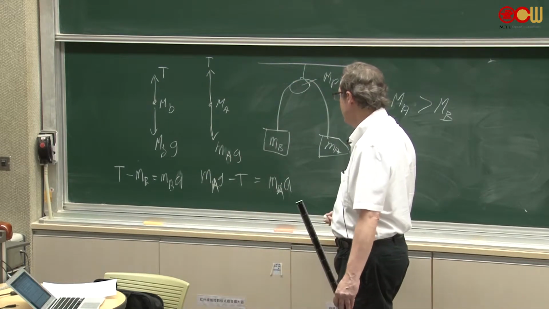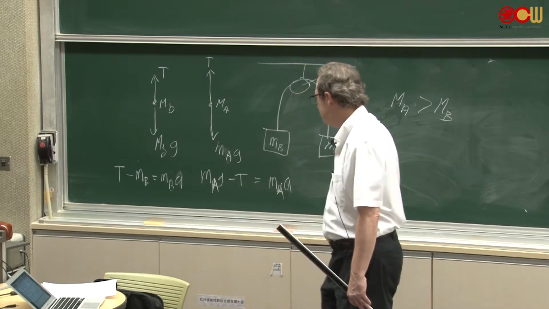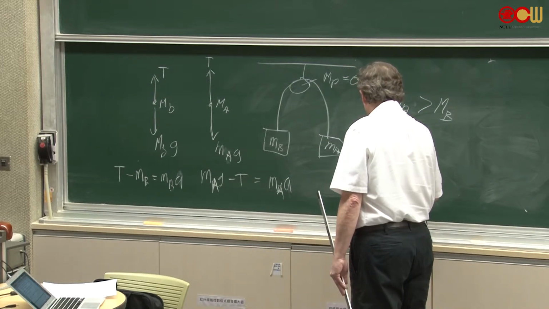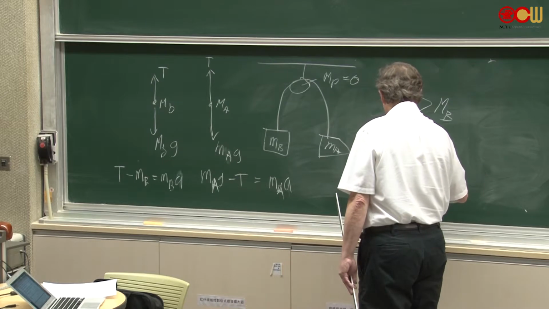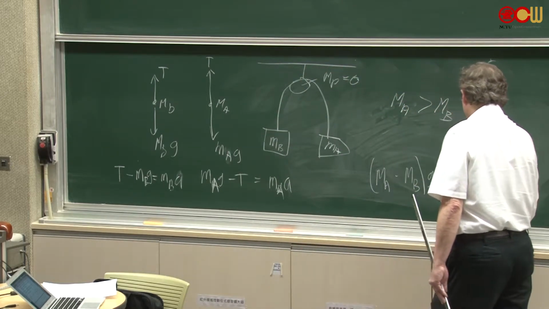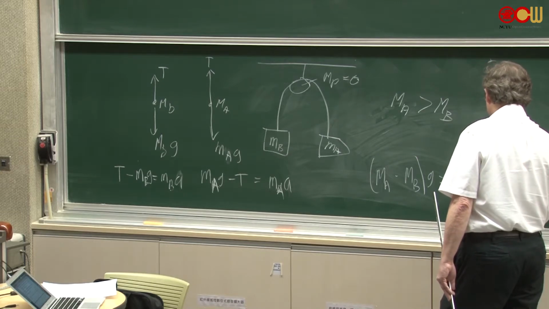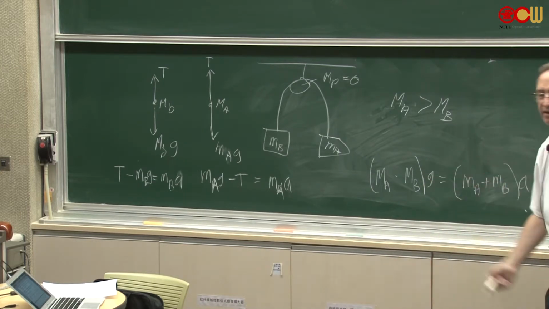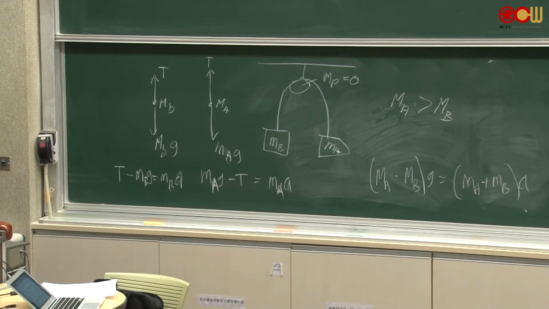And I get A equals, what do I get? Oh, yeah. So I get MA minus MB times g equals MA plus MB times A. Okay? And then I could solve for A.